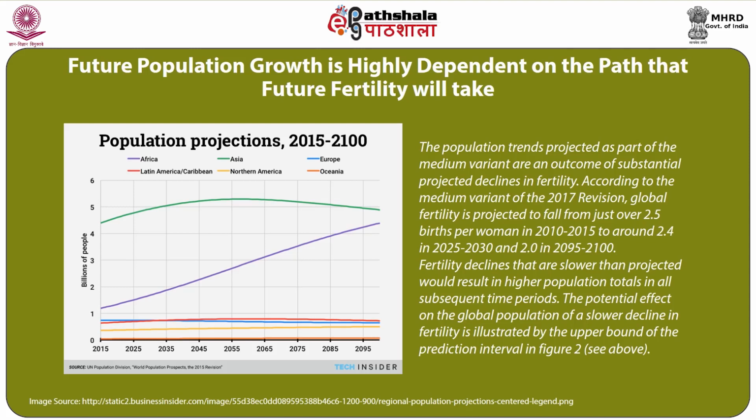Fertility declines that are slower than projected would result in higher population totals in all subsequent time periods. The potential effect on the global population of a slower decline in fertility is illustrated by the upper bound of the prediction interval as reflected in figure 2.